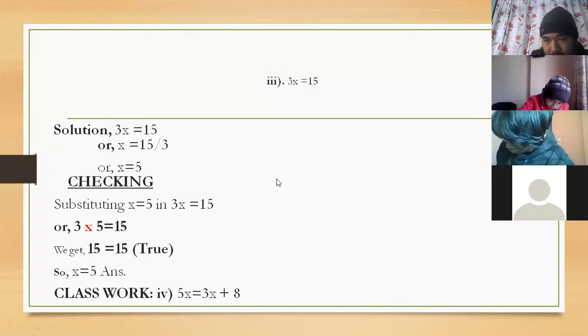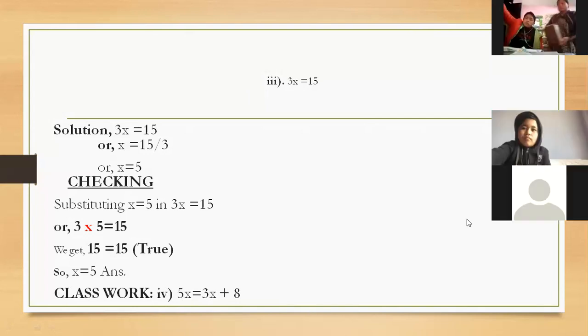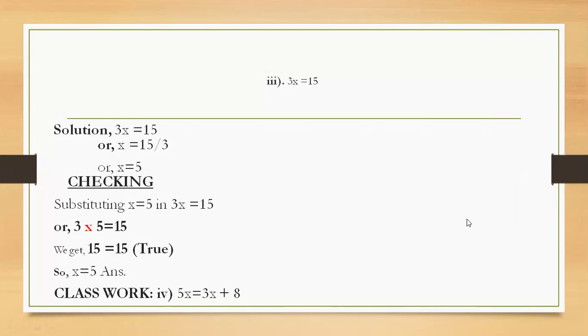Sir, the answer for x, therefore x is equal to 4. You are absolutely right. Checking, x is 4.